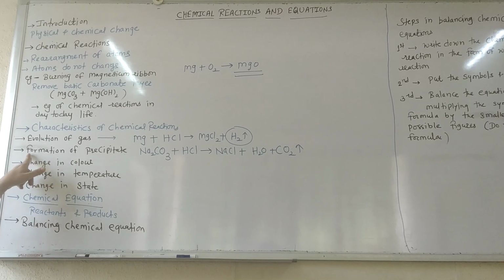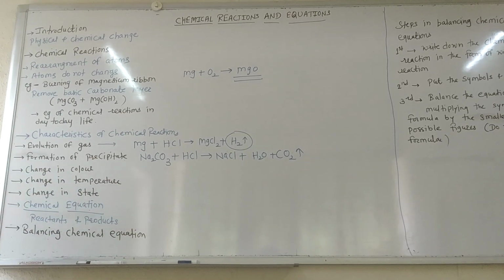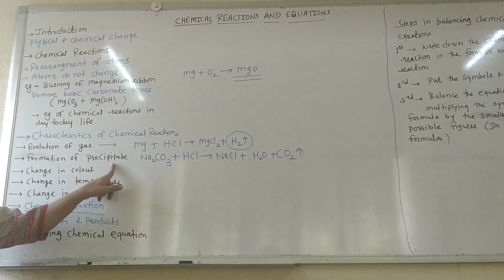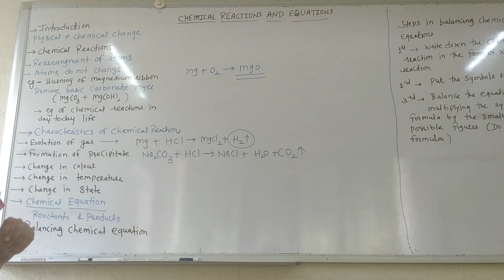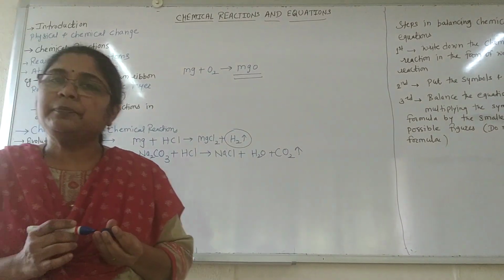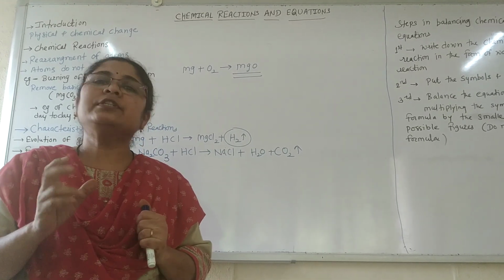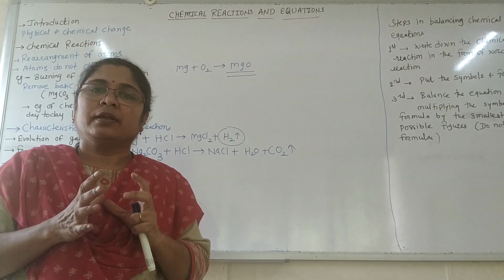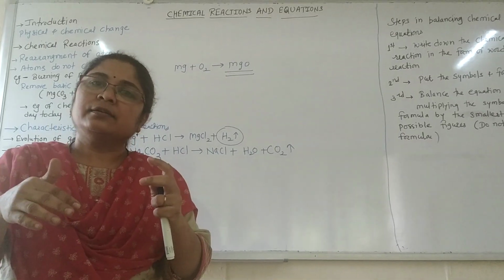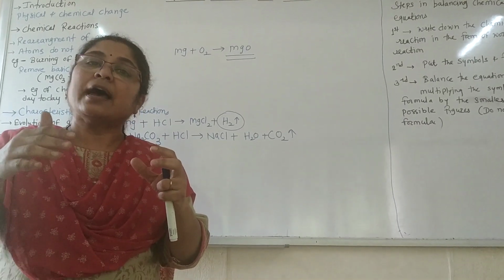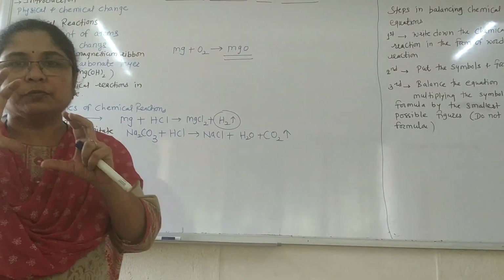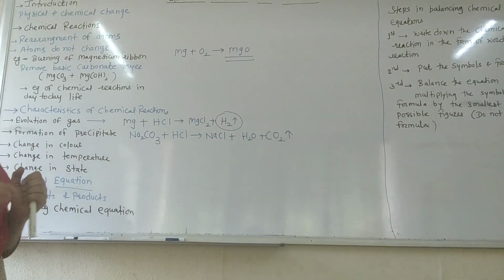The second characteristic is formation of precipitate. What is a precipitate? A precipitate is a solid substance which is insoluble, and it always sinks at the bottom of the solution formed during the reaction.